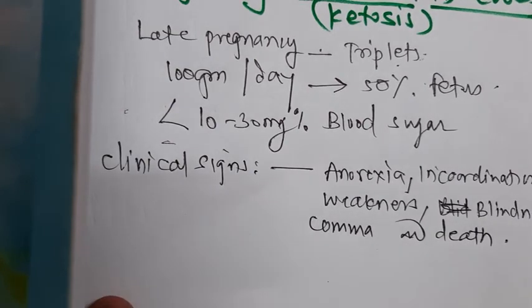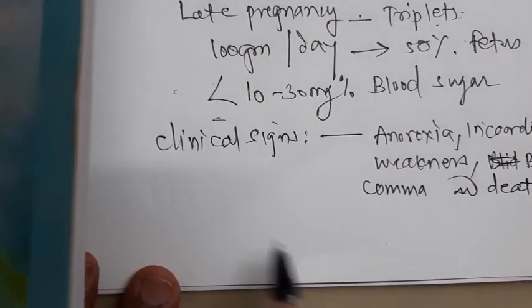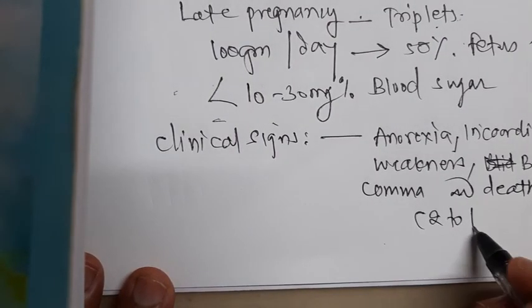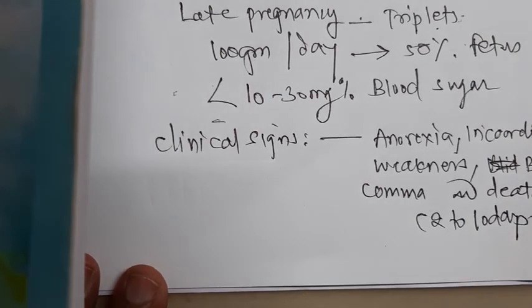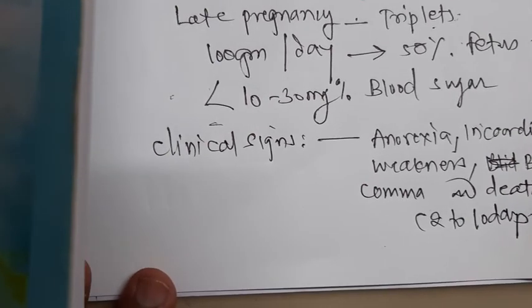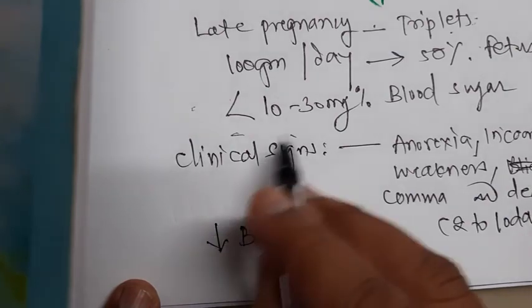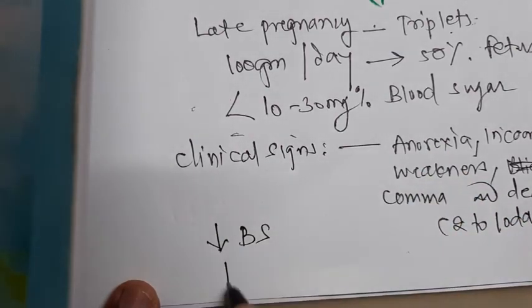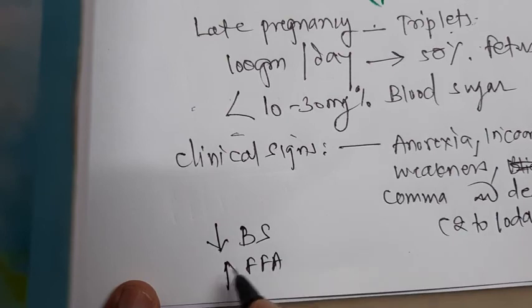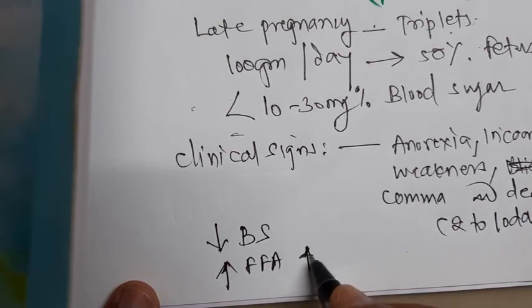Death occurs within 2 to 10 days. There is a low level of blood sugar, as we have seen. Then there is an increased level of free fatty acids or non-esterified fatty acids and an increased level of ketone bodies.